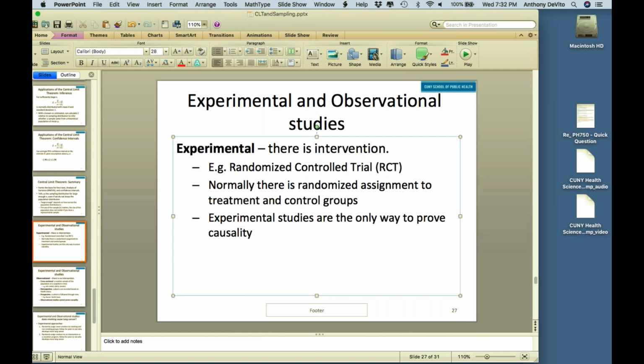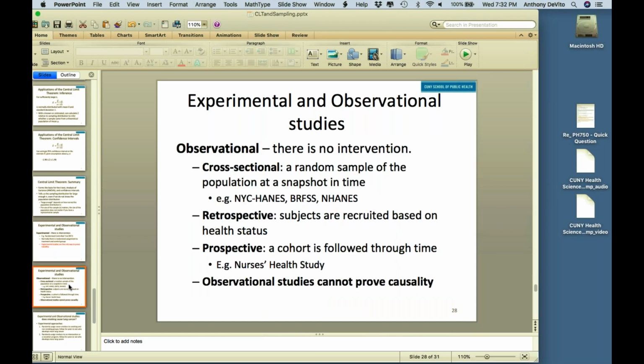And it turns out that the people that took the drug have lower blood pressure than the people that took the placebo, and we can conclude, since there were no other changes, we had control of the other issues here, that the drug is what caused their blood pressure to go down. That's the advantage of an experimental study: you have a control group and a treatment group, you can actually compare, and that's the only kind of study where you can prove causality, that the exposure caused the result.